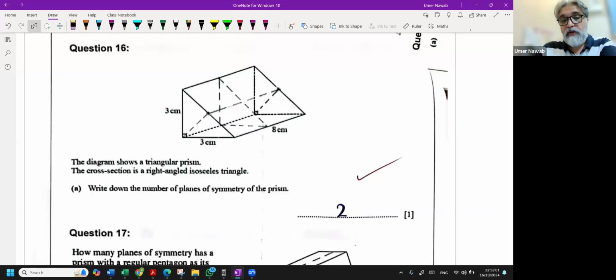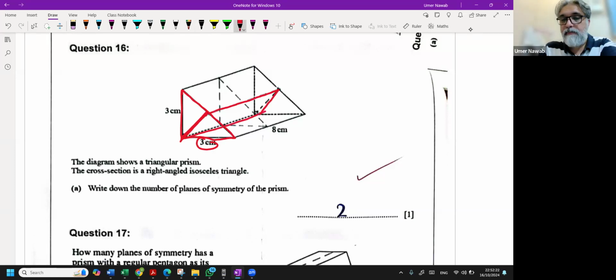It's a triangular prism, with a right-angled isosceles triangle here. Since it is isosceles, I can draw this line, which is the line of symmetry. It can complete the plane of symmetry.